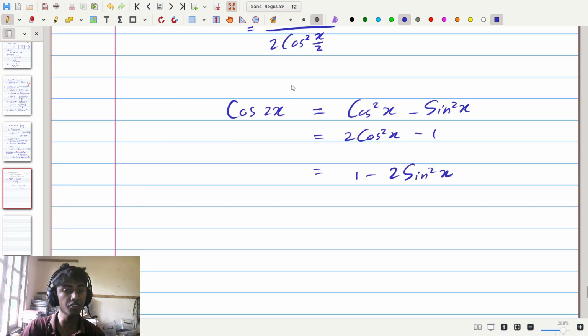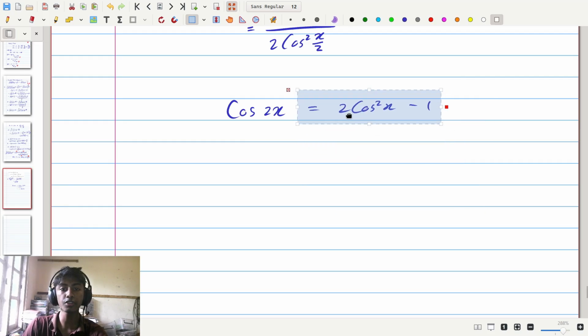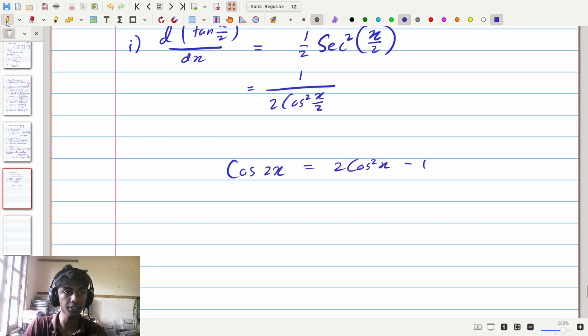Now out of these three equations, we are going to use the second one. Taking the second one, if we write cosine of 2x equals 2 cosine squared of x minus 1, and we rearrange, we get 2 cosine squared of x being equal to cosine of 2x plus 1.